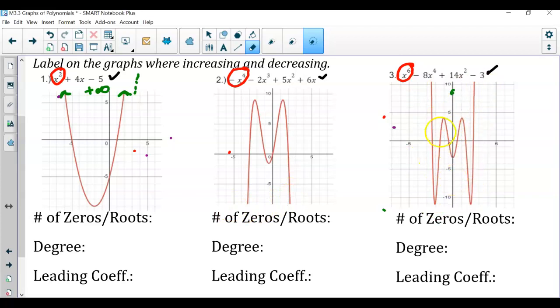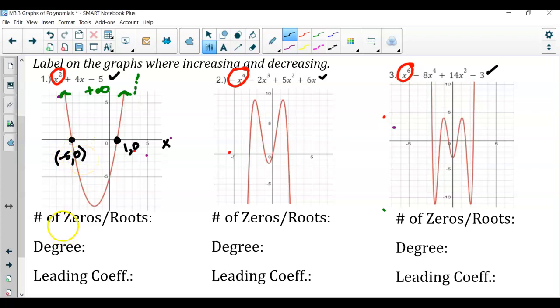With our even functions, I'm taking a look at the number of zeros and the roots. Remember, the zeros or roots are where the graph crosses the x-axis. It is crossing here at 1, so (1, 0), and here at -5, so (-5, 0).